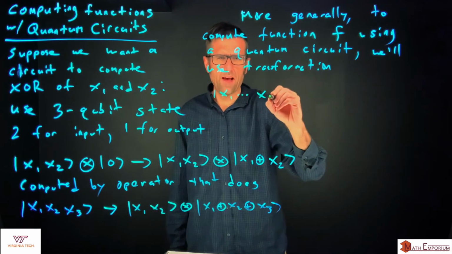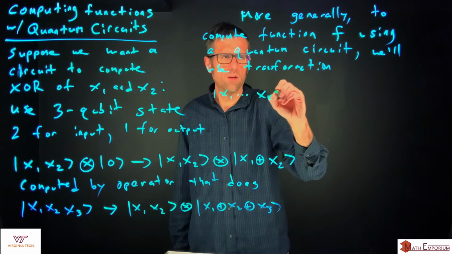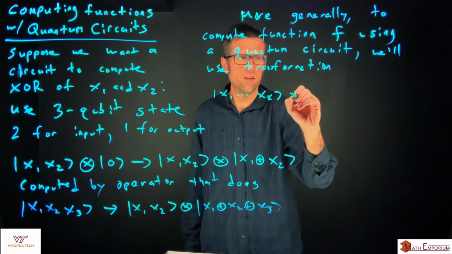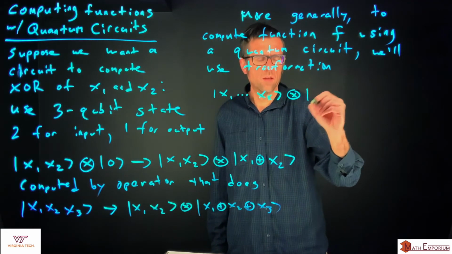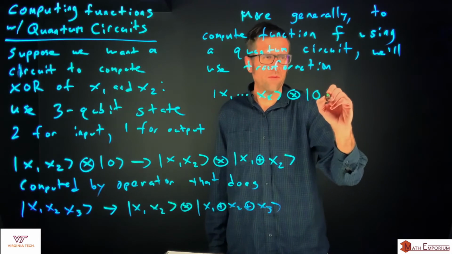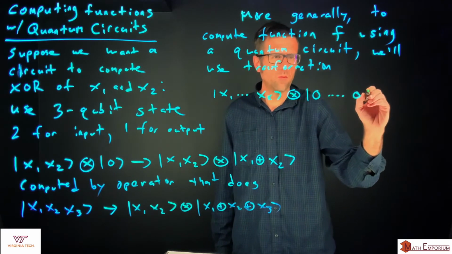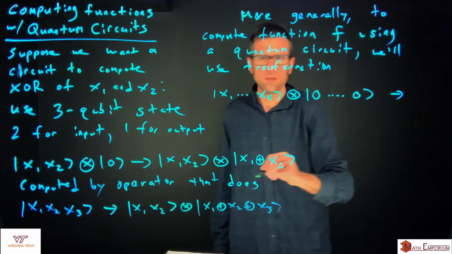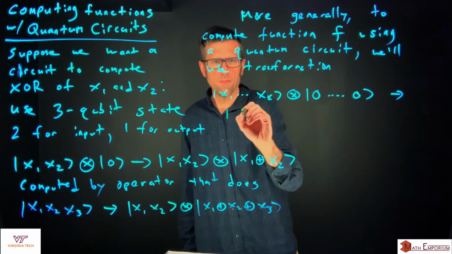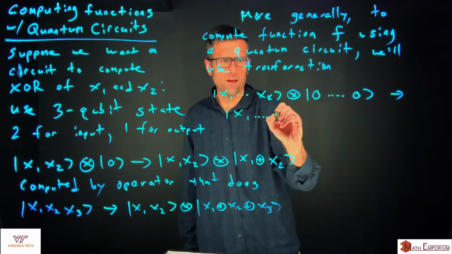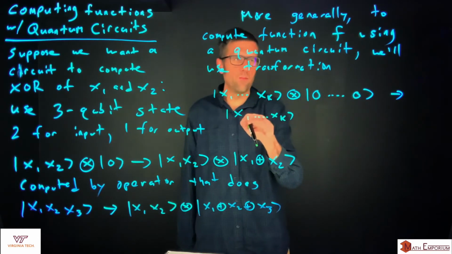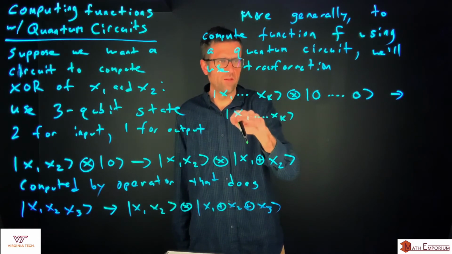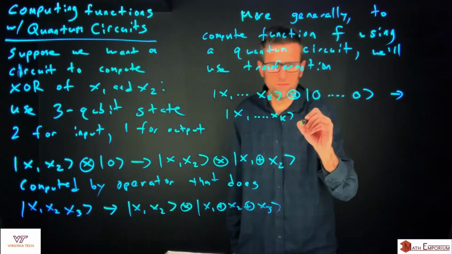We get x1 through xk tensored with however many zeros we need here. And then we're going to maintain those input qubits, so everything is nice and invertible.